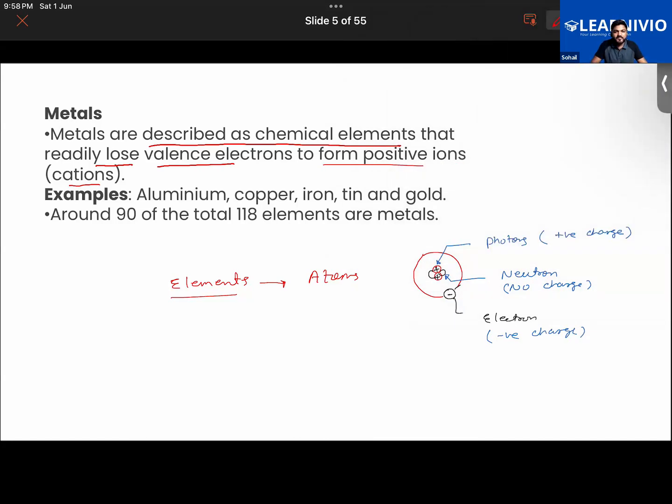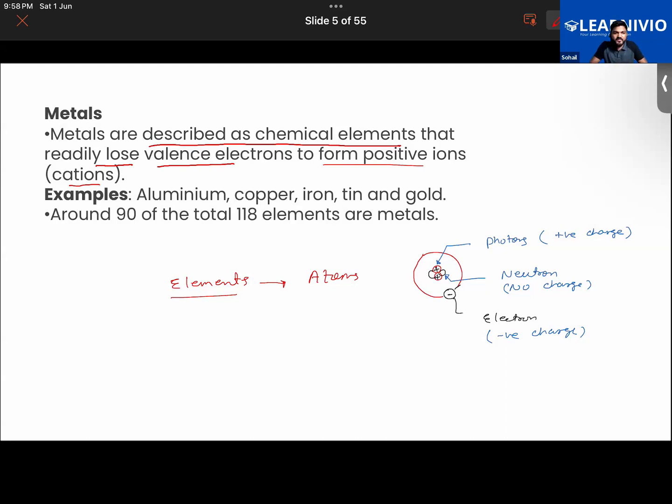Now, the most important thing. Atoms are usually neutral. What does it mean? It means that when there is no external disturbance, the number of protons and electrons remain the same.